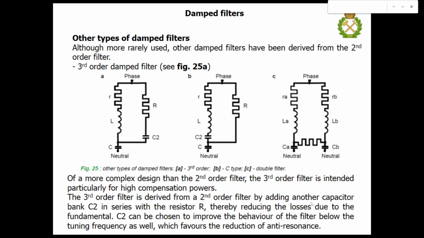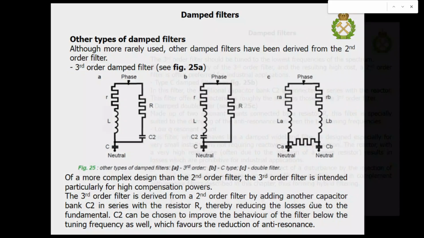But the area of application of such filters is very small, because they are very difficult and demand very precise tuning of each parameter, and that's why they are not so effective over the whole range of harmonics.